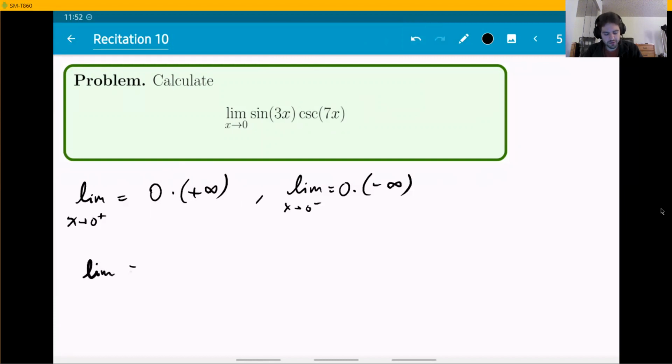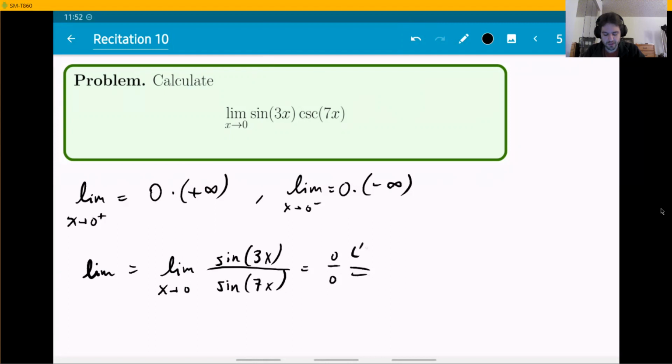So what we can do, and it doesn't matter if it's from the right or the left, we can write that the limit is equal to this particular limit. Instead of cosecant, we're going to write 1 over sine. This is the step of transforming one of the functions in the product into something in a denominator, so that now you have a fraction. This is of the form 0 over 0 now, which means L'Hopital can be applied.